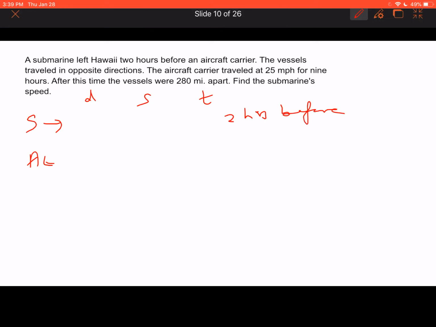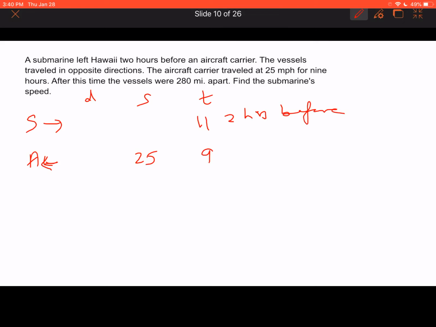The aircraft traveled at 25 miles per hour for 9 hours. So after a time of 9 hours for the aircraft, the submarine is going to have taken an additional 2 hours, so it is going to be 11 hours. So the clue is here and we have found the time taken by the submarine.